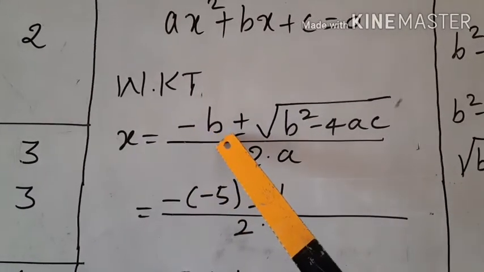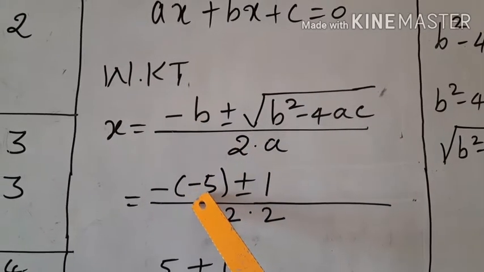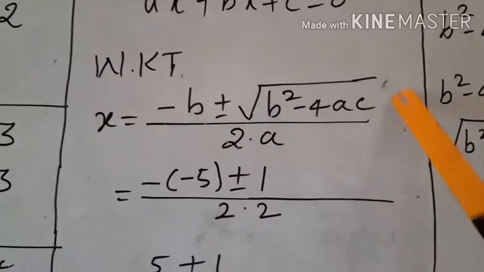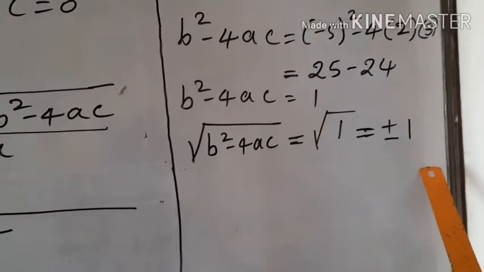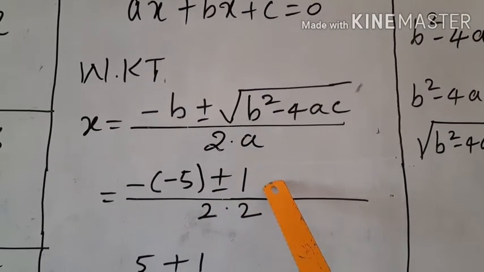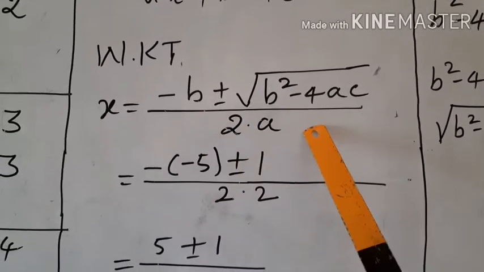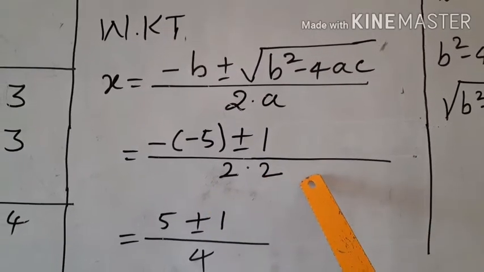Now I will come to the main formula. x is equal to minus b, and b means minus 5, so it is plus 5. Plus or minus, and this b square minus 4ac has already been calculated; its value is plus or minus 1. Therefore, directly I put plus or minus 1 for root of b square minus 4ac. Now, 2 into a, 2 into 2, 2 2s are 4.